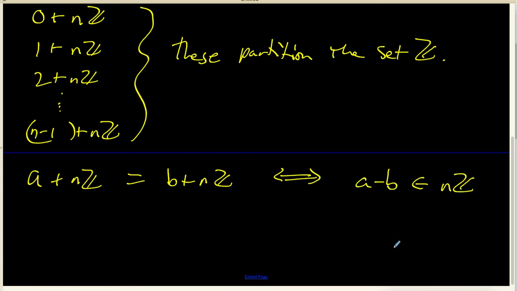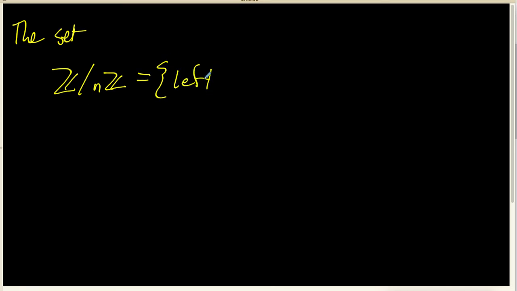Now, what we want to do next is ask whether or not we can form a ring out of these left cosets. Just to give ourselves a little more notation, I'm going to say that the set Z mod nZ, as it is read, is the set of left cosets of the subring nZ.